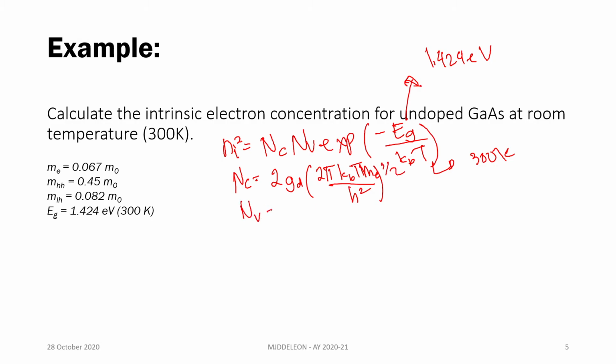Our Nv is equal to 2 times (2 pi mH kBT over h squared) raised to 3 halves. Our gD here, since gallium arsenide is a direct gap semiconductor, will be equal to 1.